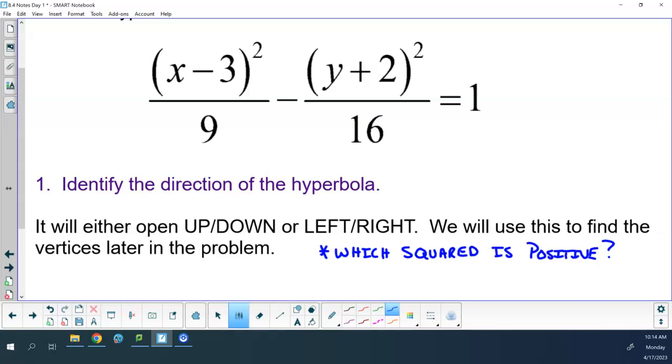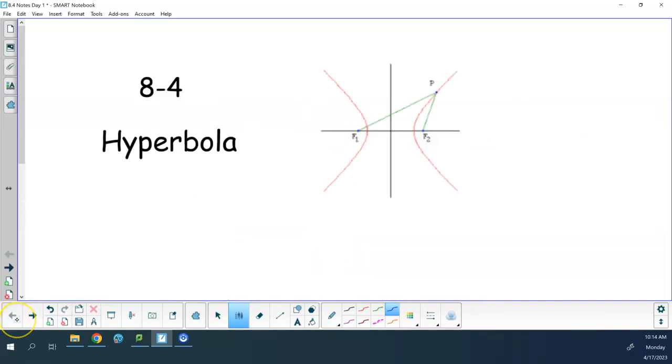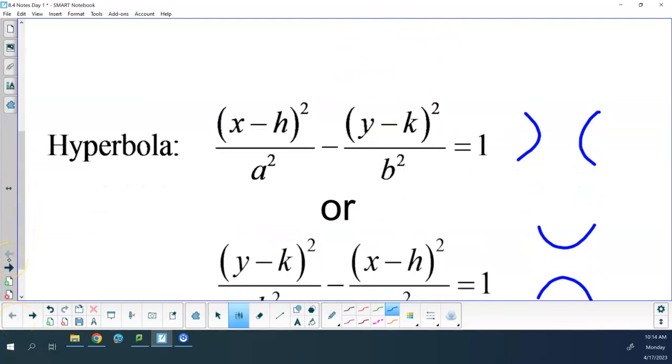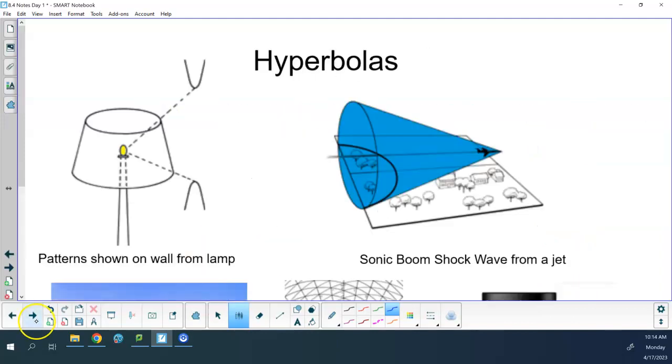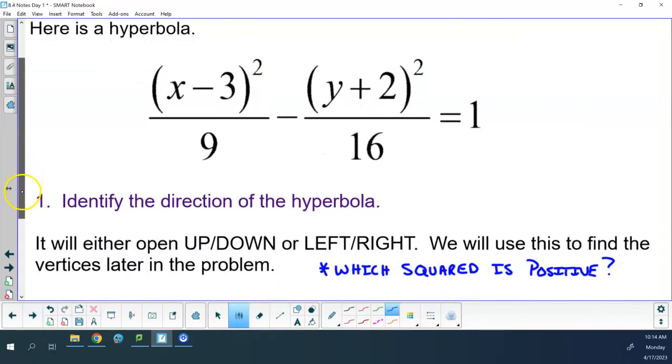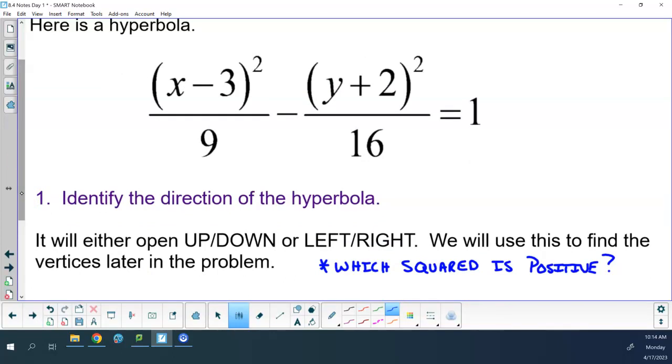Okay? So if I scroll back here, if x is positive, it opens left and right. If y is positive, the squared term is positive, it opens up and down, which is helpful for us because x is the left and right variable, the horizontal variable, and y is the vertical variable. So in this particular one, which way does it open?